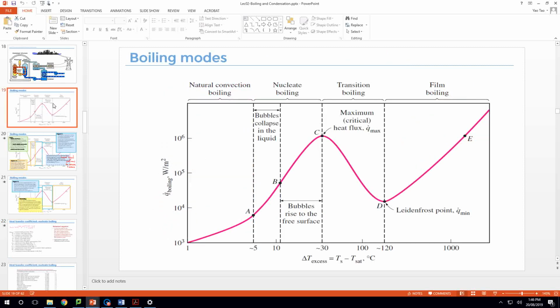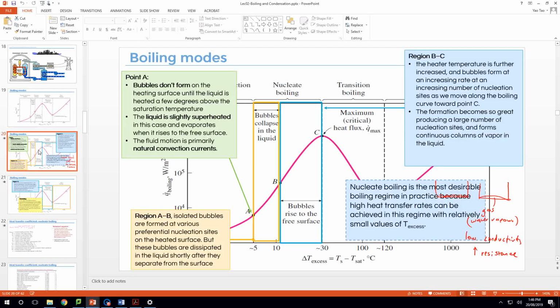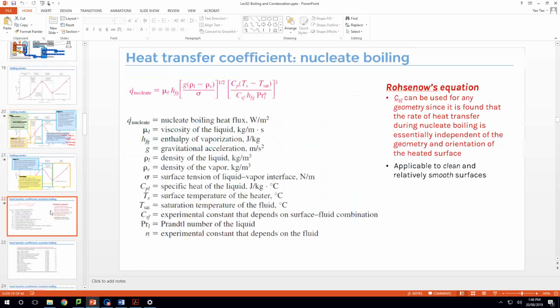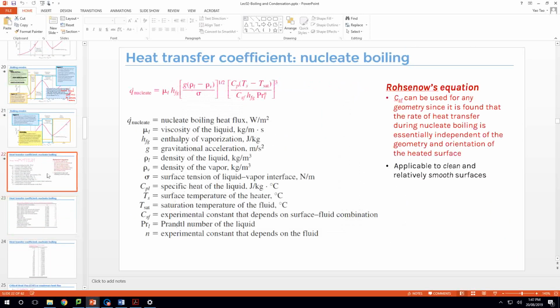So you should always go back to the slides to look at the different stages, four, or even two different ones in nucleate boiling. All the explanations are to help you understand the different regimes and select the correct correlation for nucleate boiling.